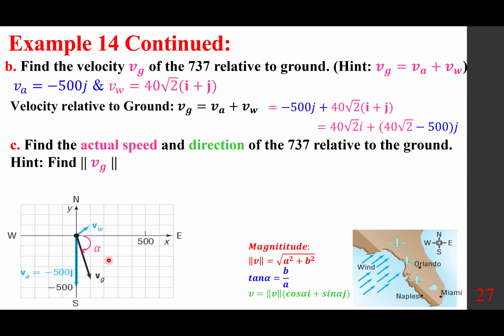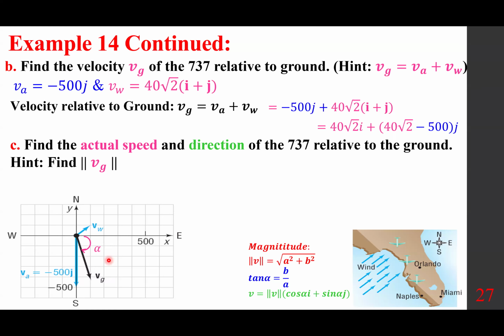Remember the angle that it makes with the x-axis, we're going to call it A or alpha. Now, the true direction is going to be south, this angle east, and this angle is 90 minus alpha. So the magnitude, we will calculate it in a moment.